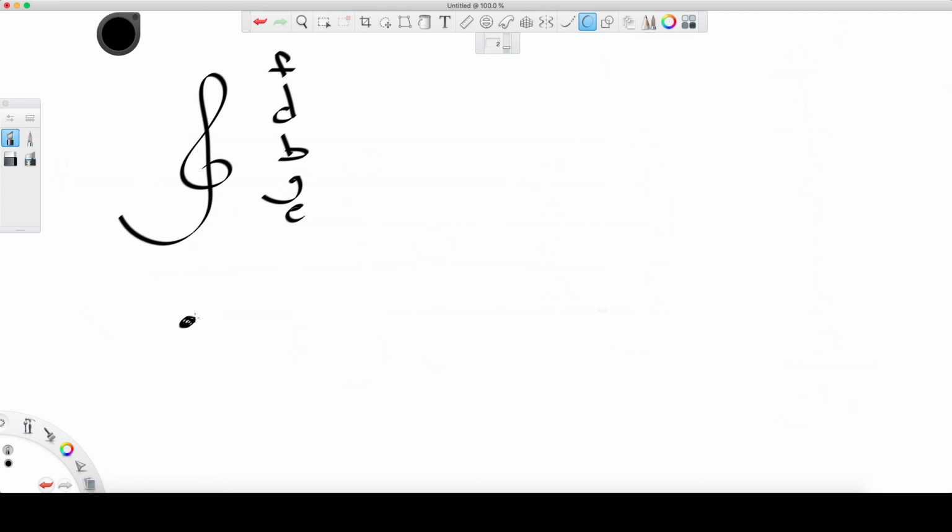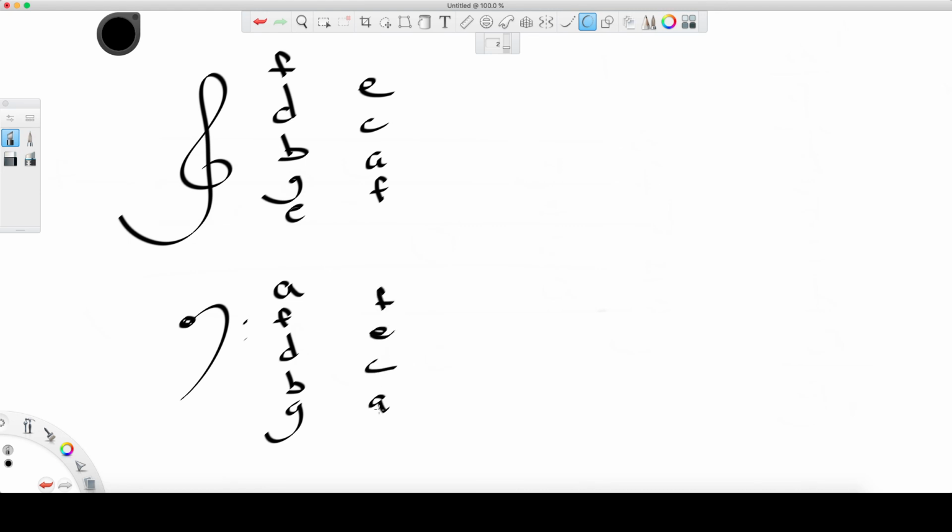And the bass clef for the lines is good boys deserve fudge always. The spaces, we have F, A, C, E, and we have A, C, E, G, with all cows eat grass, or just face. It's in your face because it's spelt right in front of you.